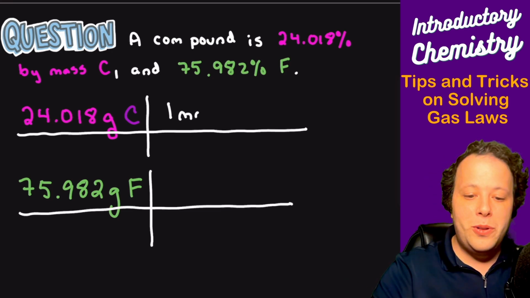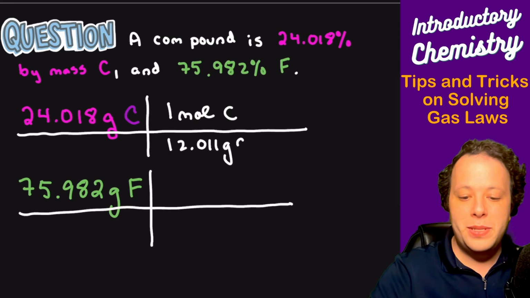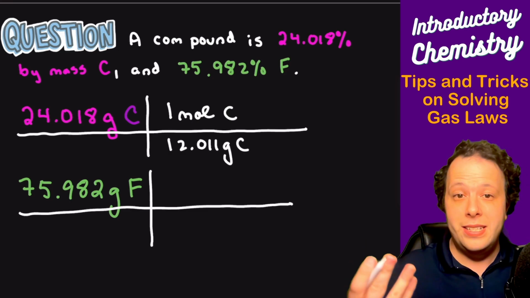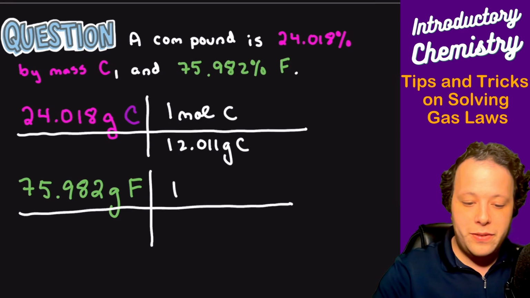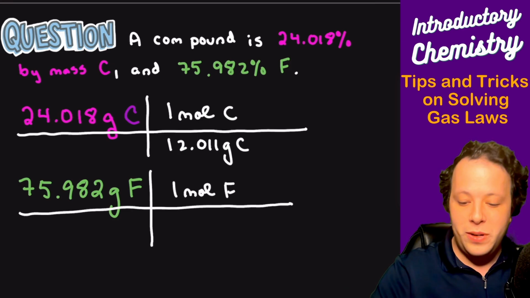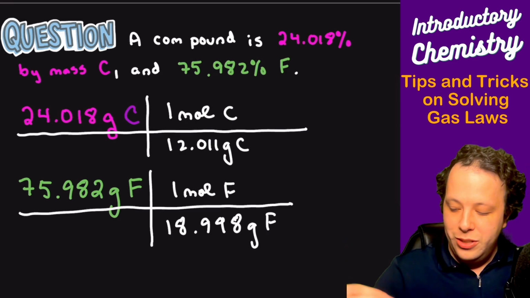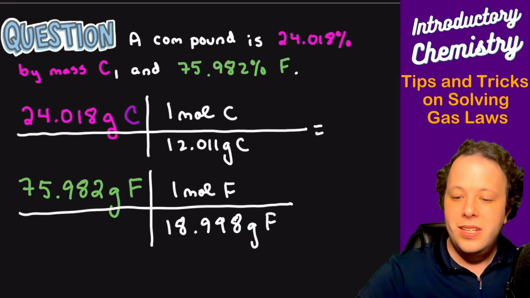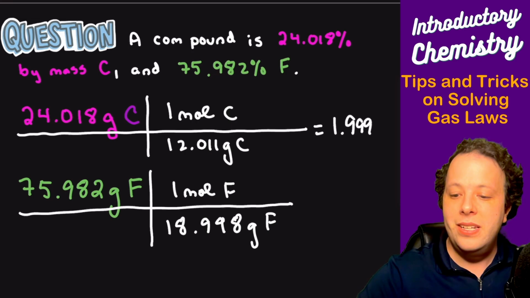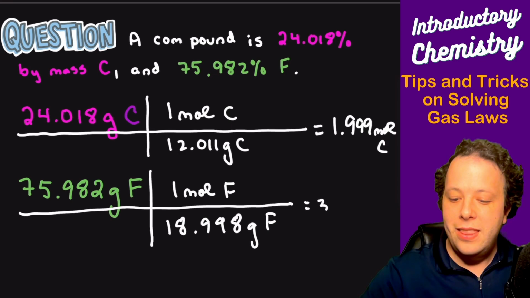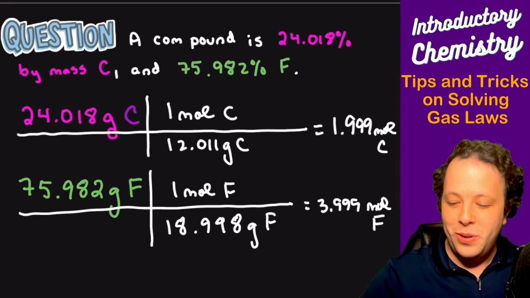So we know that the molar mass of carbon, 1 mole, is 12.011 grams of carbon from your periodic table. We have fluorine, which is 1 mole of fluorine, equivalent to 18.998 grams of fluorine. And when you solve for both of these, you'll get 1.999 moles of carbon and then 3.999 moles of fluorine.